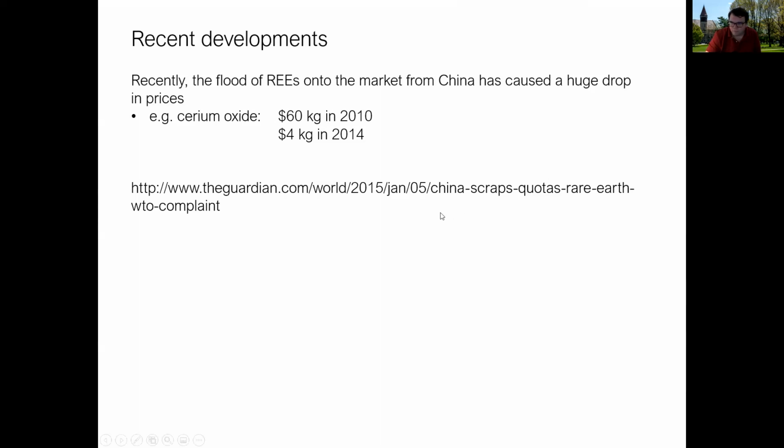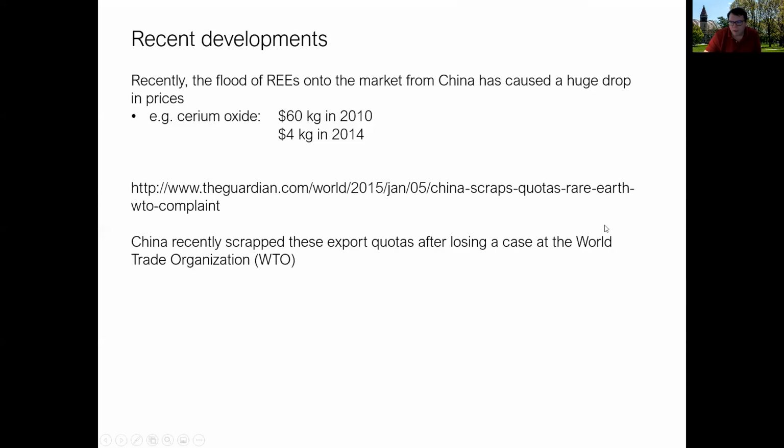So you can basically look at this more on the Guardian if you want to. There's some good articles about how the World Trade Organization had various complaints about quotas and price manipulation and all these different things. It's been a pretty volatile political issue, and one that I'm sure won't go away.